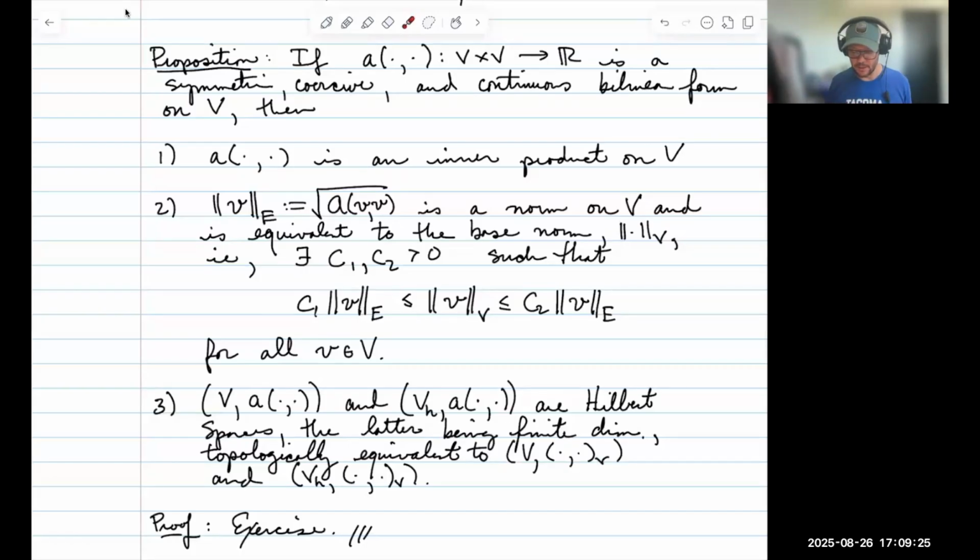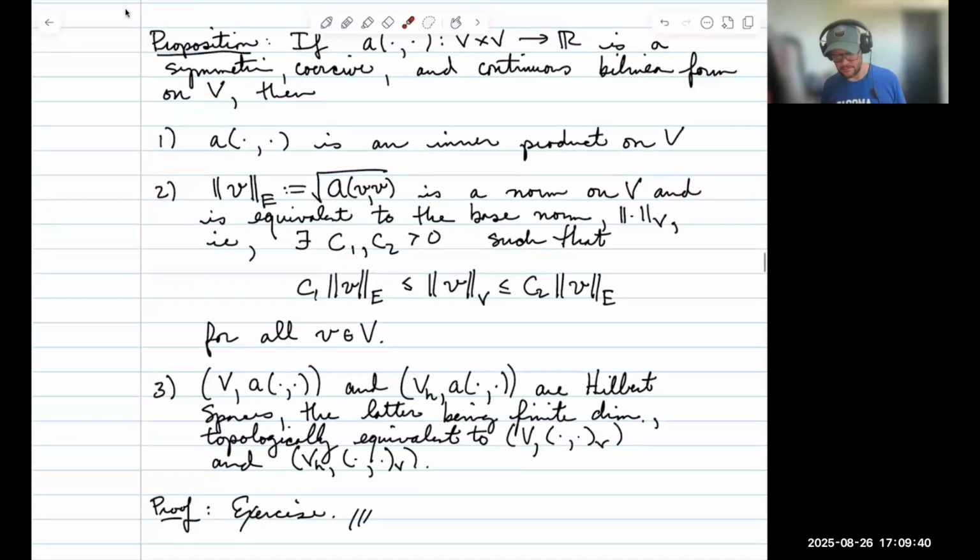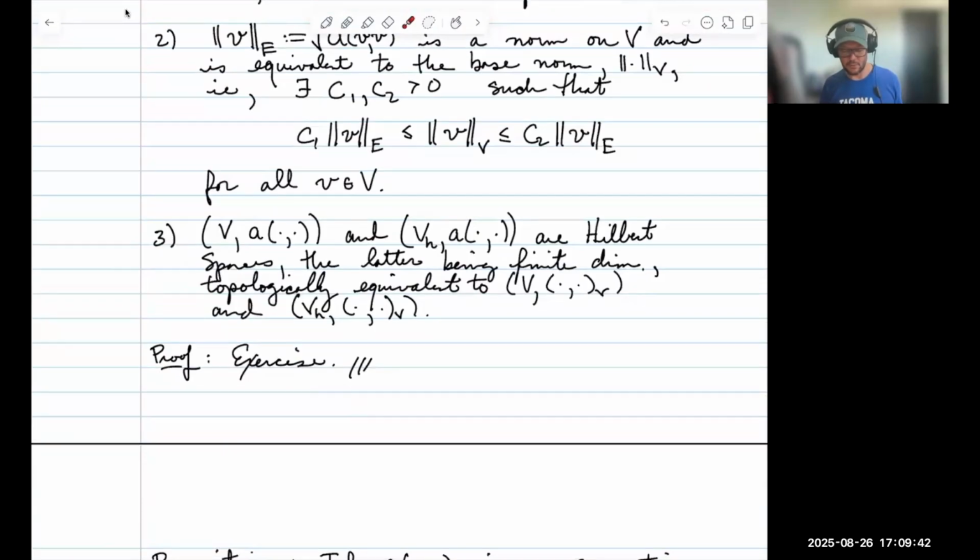Once I have an inner product and I know that I have coercivity and continuity with respect to the base norm, then I have to produce an induced norm from that inner product, which is equivalent to the base norm. These things actually follow pretty quickly. Once I know this information, then showing this point 3 becomes fairly simple as well.